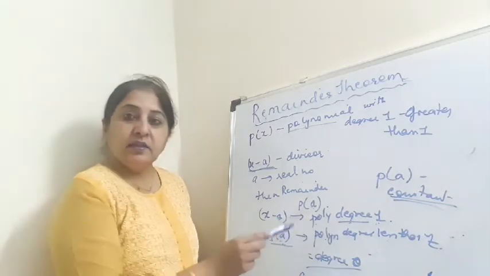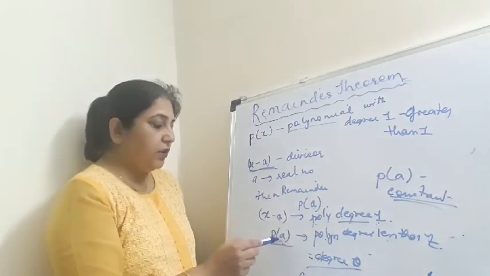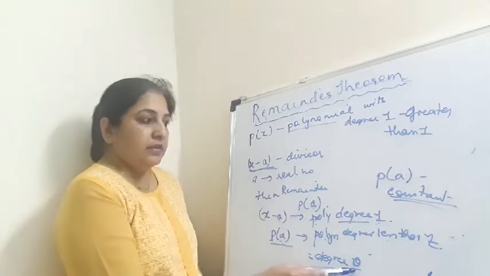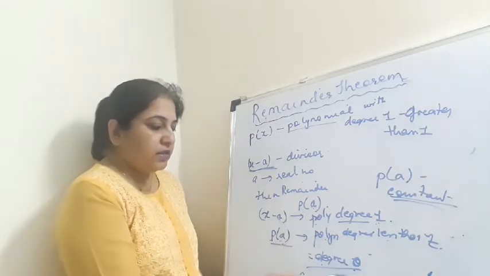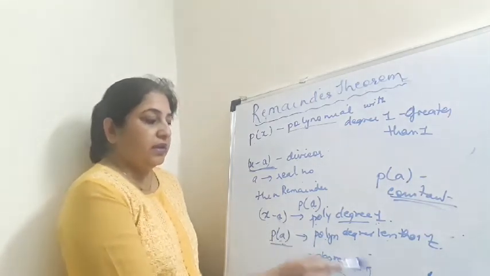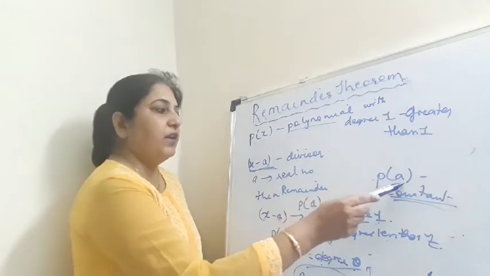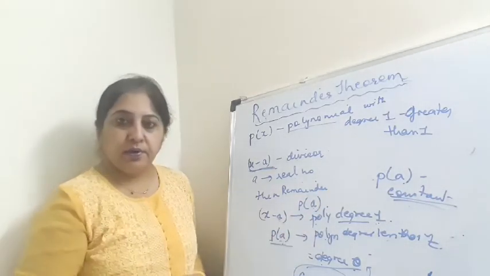Less than 1 means the degree will be 0, and the degree of a constant polynomial is always 0. Therefore, we can say that P(a) will always be a constant number.